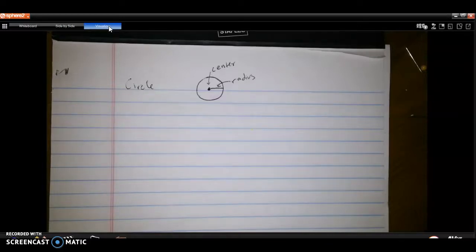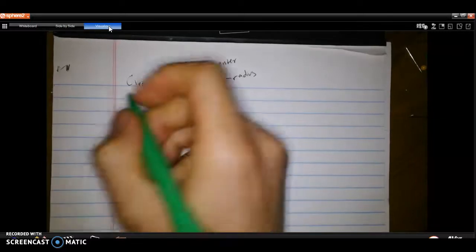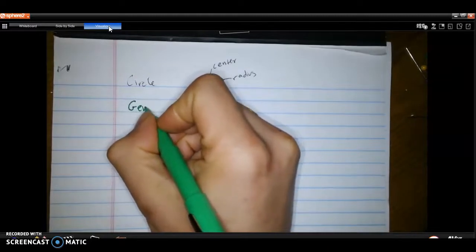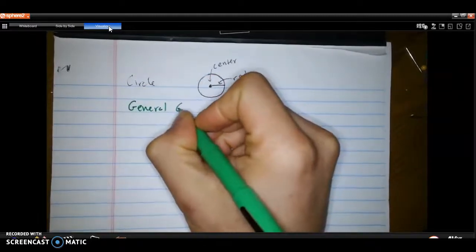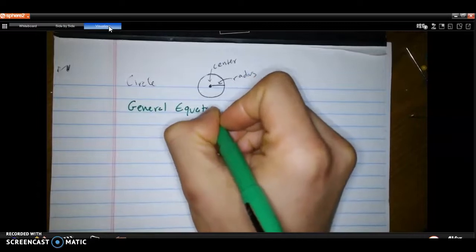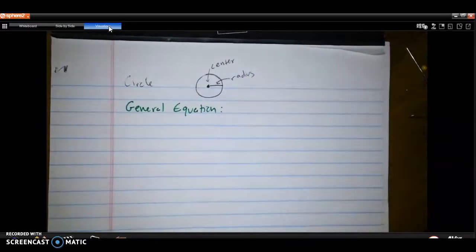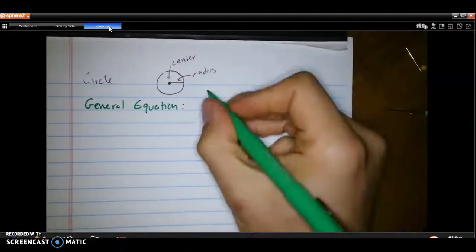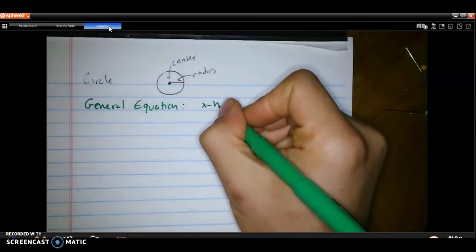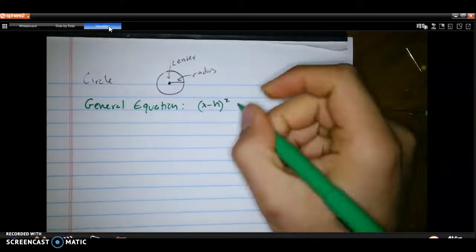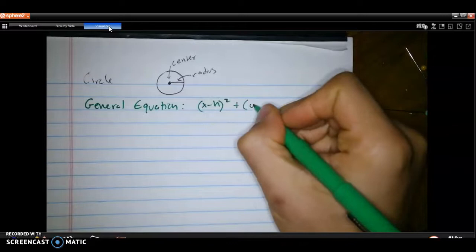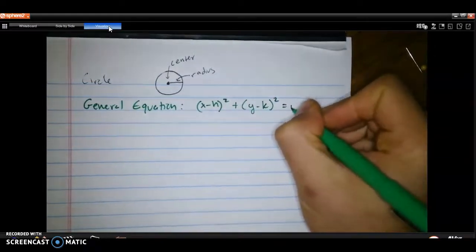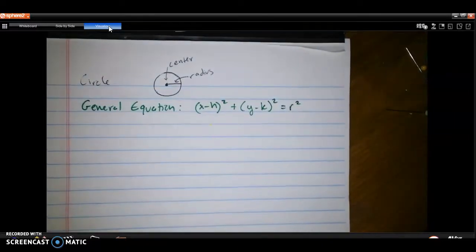I'm going to give you guys the generic circle equation, or the general equation, is, slide this over so you guys can see, x minus h squared plus y minus k squared equals r squared. And again, this is just a general form.